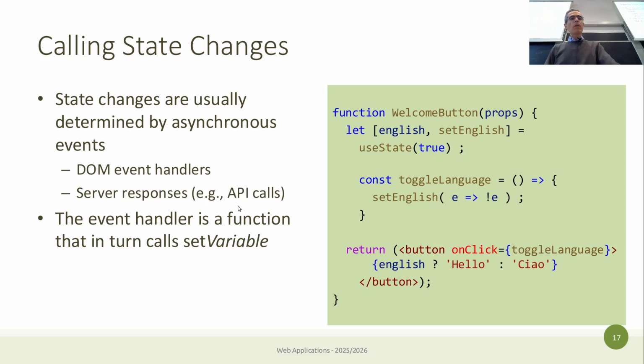Okay, note that state changes are usually determined by a synchronous event, so it's important that you recognize this situation, okay? Like before, we wrote code which worked because actually what we rendered was coherent with the value of the state, right?